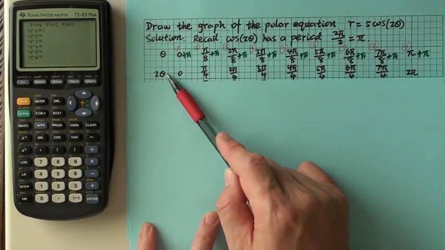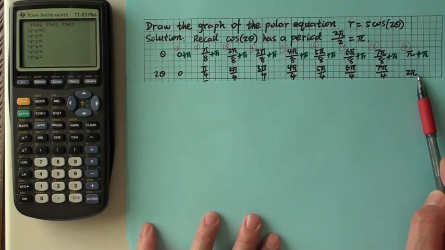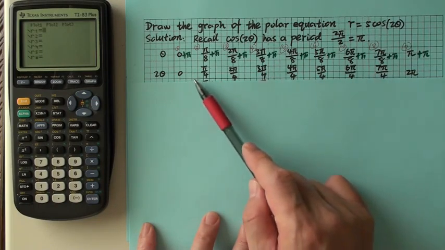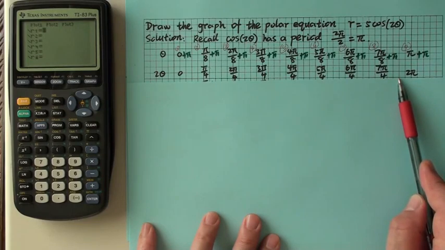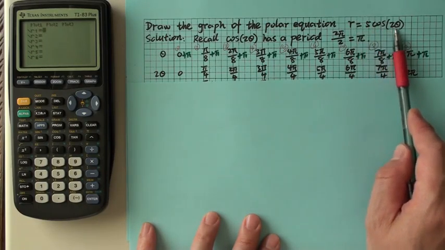And 2 times theta, when theta is pi, you get 2 pi. So I chose those typical values, just to give you a feeling how we are going to graph this one.